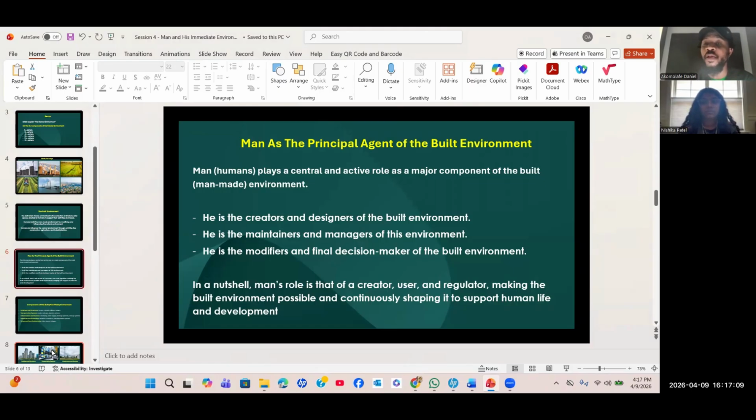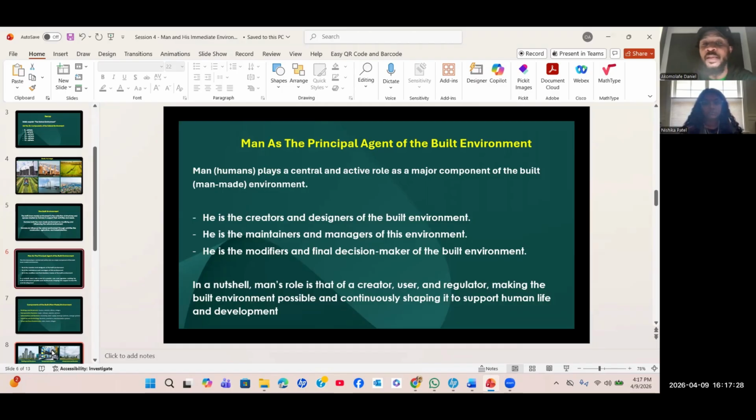But because we need to build the environment and make it comfortable to our own taste and to what we feel gives us comfort, there is the need for humans to influence the environment.